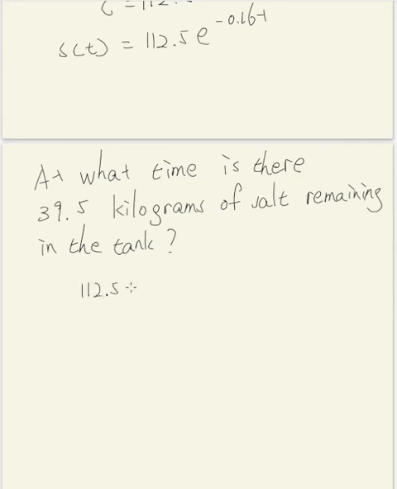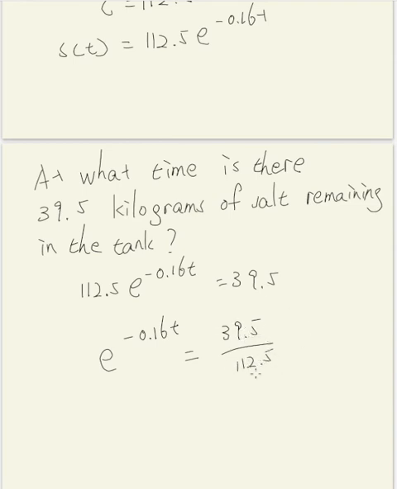112.5 times e to the minus 0.16 t equals 39.5. And divide both sides by 112.5, we get e to the minus 0.16 t equals 39.5 divided by 112.5.